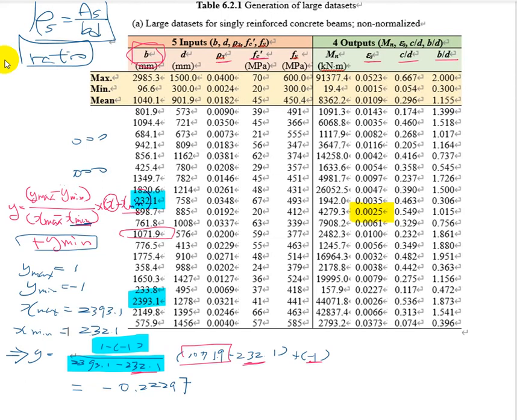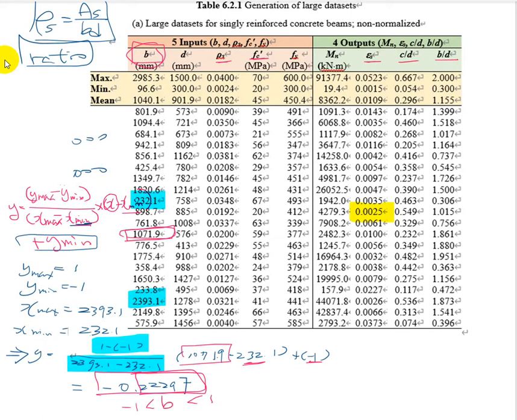So we have all the equation sets here, and it comes to minus 0.22297. So this big data, which is 1071.9, shrinks to this small number, minus 0.22297, normalized between -1 and 1.